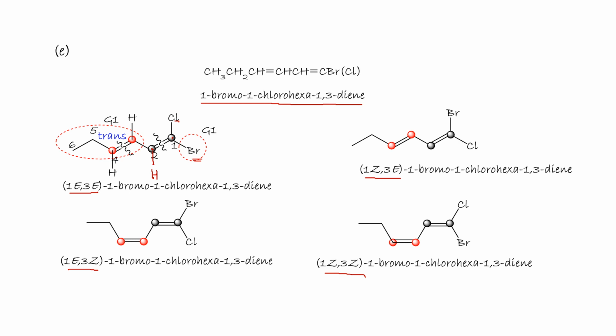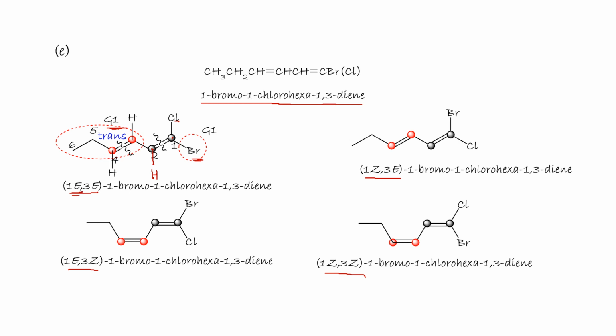On carbon number 2, we have hydrogen and the carbon double bond carbon, CH2, CH3, and again, this group will be senior. The two seniors are on different positions. They are E.